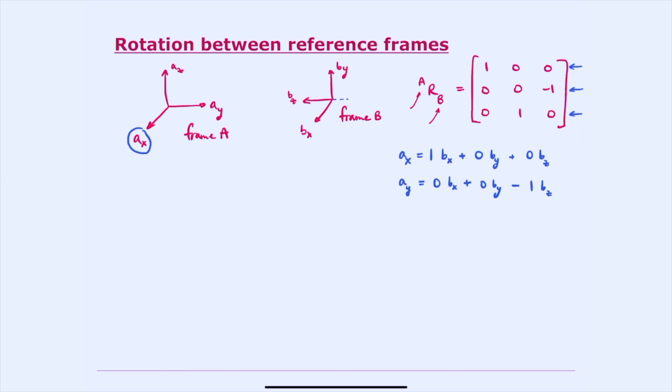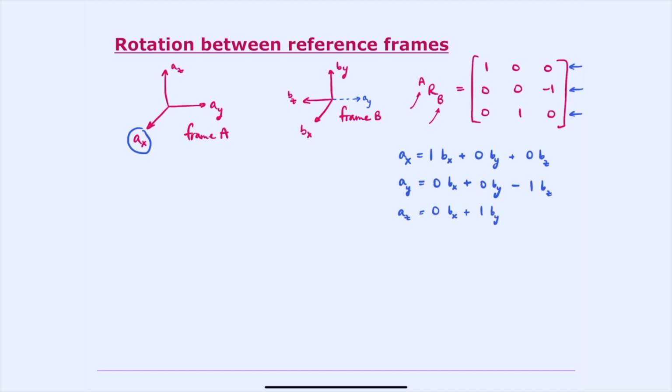Is that true? Well, if we took AY and expressed it in frame B, you can imagine drawing AY over here. There's AY living in frame B's world. How do we express AY using the basis vectors from frame B? Well, it's simply pointed in the opposite direction as BZ.